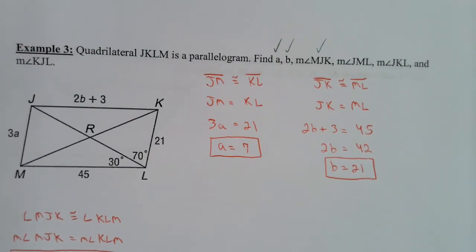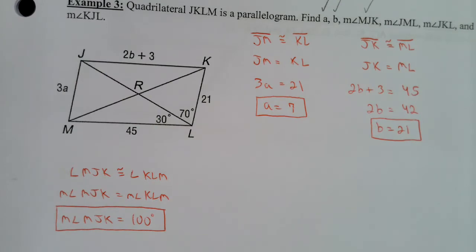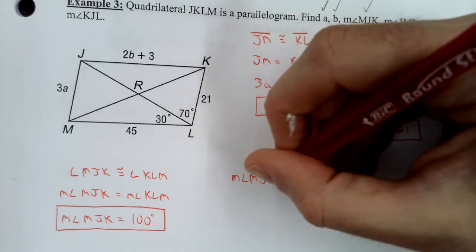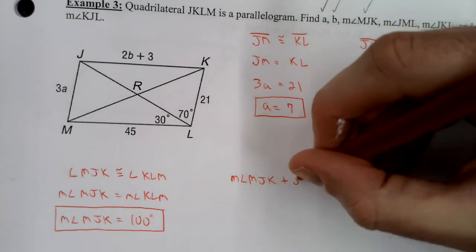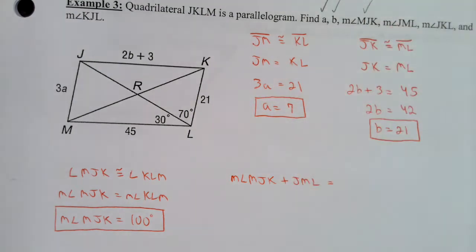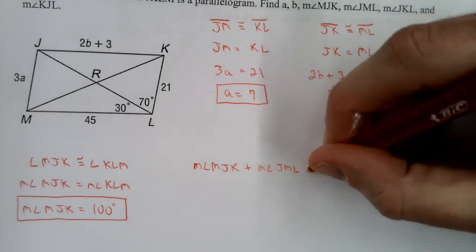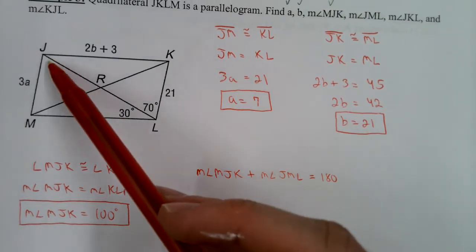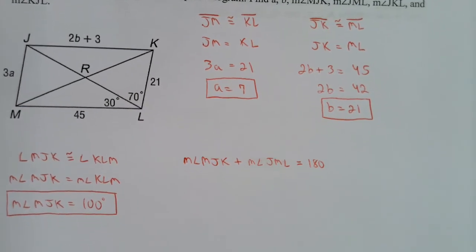Next up top is the measure of angle JML. Well, the angle that we just got, the measure of angle MJK, plus the measure of the angle we're looking for, JML, have to add up to equal 180 because they're consecutive angles.